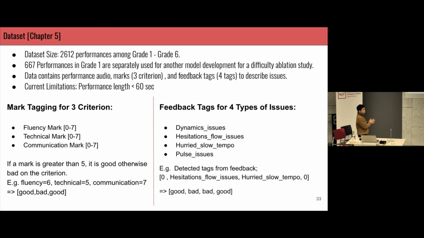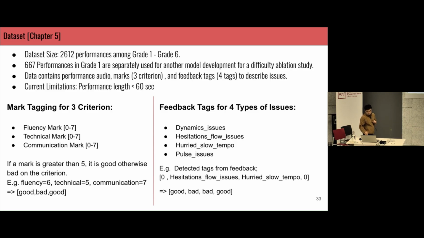Dynamics issues indicate the loudness issues for each dynamics marking. Hesitation is applied if students forget or their memory is not really clear, and then they stop. Hurry or slow tempo is a global tempo issue. If tempo issues happen everywhere in their performance, in their interpretation, hurry or slow tempo issues are applied. And pulse issues are local tempo issues. If you play only this one part quite quickly, then these tags can be added onto the performance.